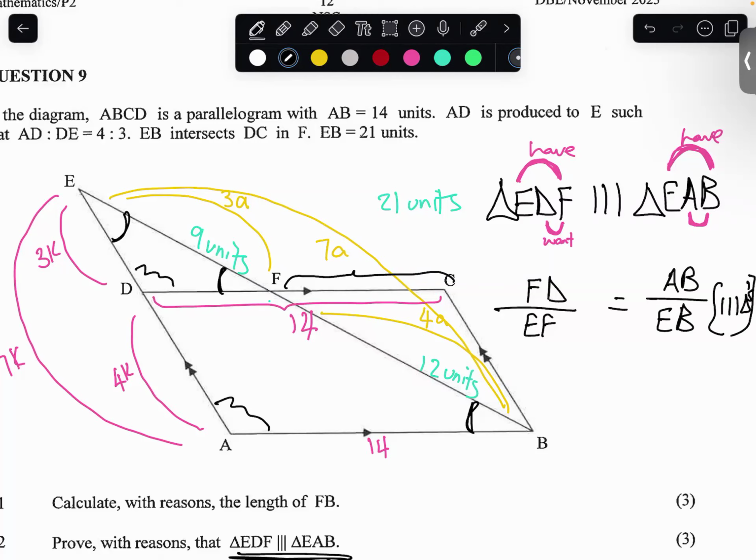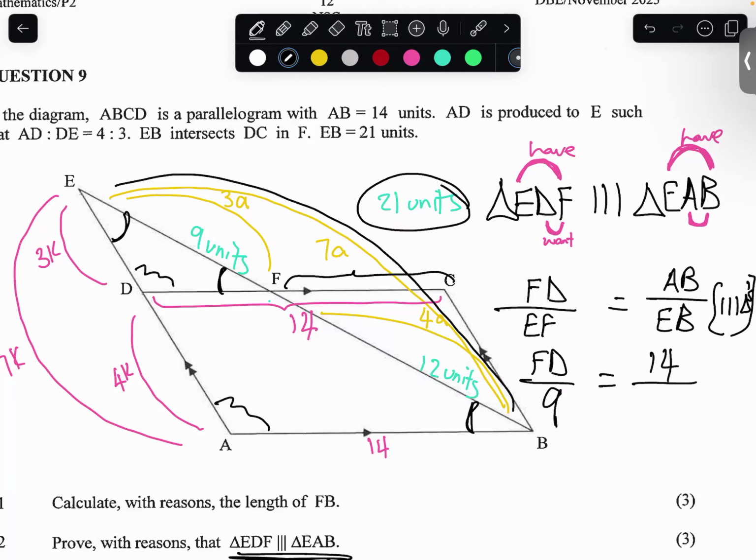So we went what I want over what I have, and is equal to, on the other side, we went bottom over top just like you did bottom over top, right? And so when we're filling in, FD is what I'm looking for. EF was this 9. AB, they told me is 14. EB, we said is 21, this whole distance.